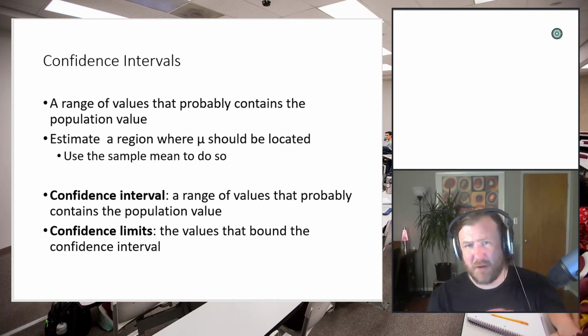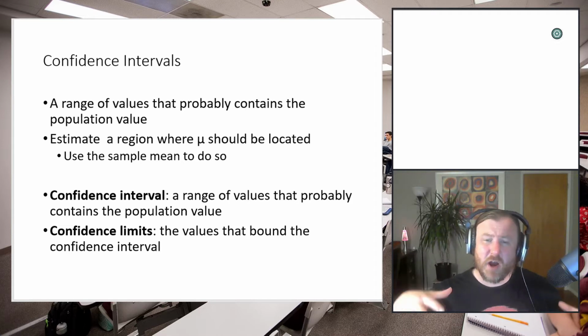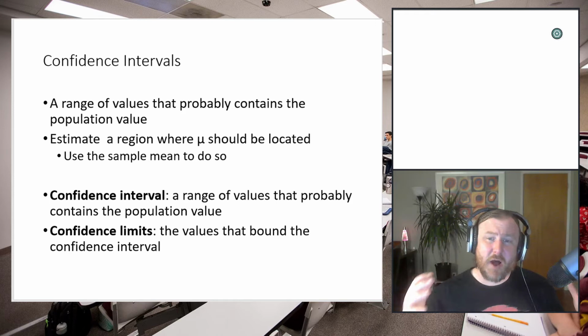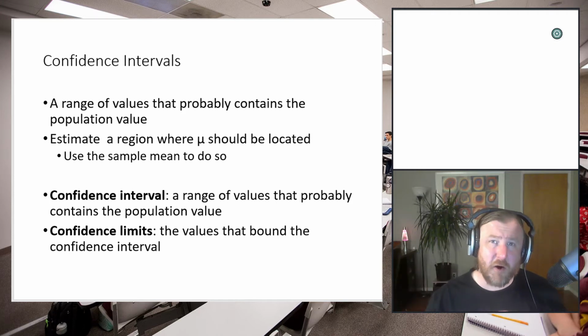We could overestimate the population mean. So we want a range that we are confident the population mean will actually fall in given a particular sample mean. And so that is a confidence interval. A confidence interval is a range of values that probably contains the population mean.